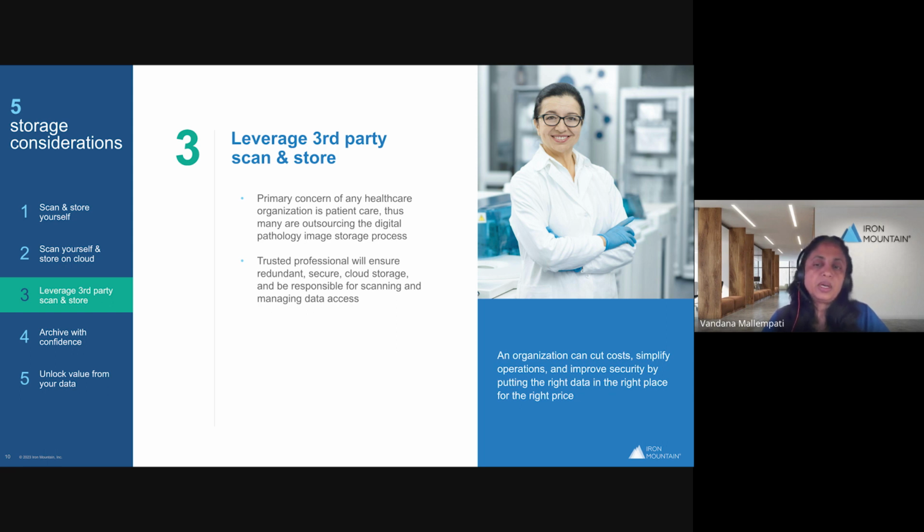The provider safeguards the image data at one of its secure data centers, offering cost effective storage at a reliable rate, delivering all the security and data privacy requirements. The healthcare professionals can now return their focus to their core business function and not worry about the different hassles associated with digital pathology adoption.